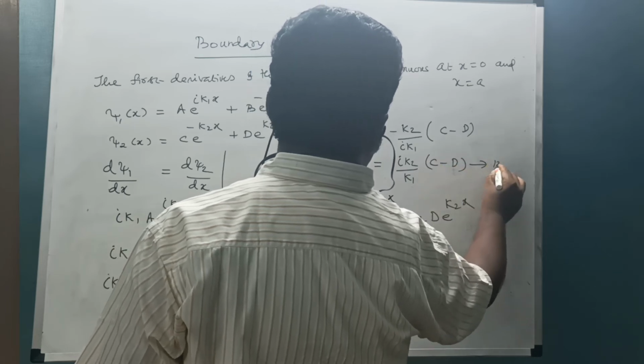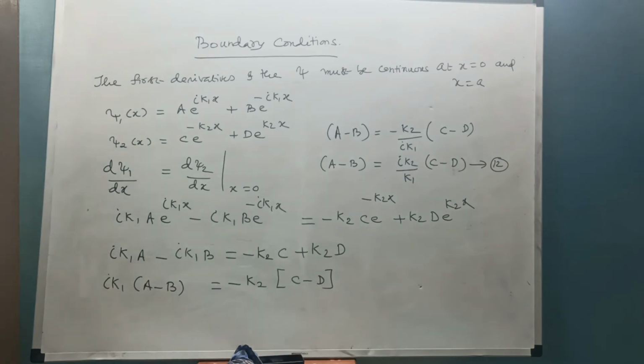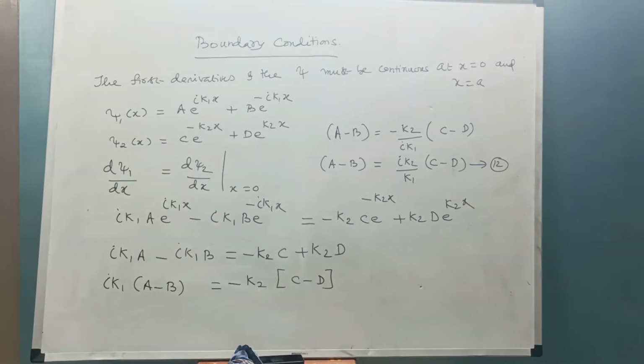This is our equation 12. So we have arrived at the value of a minus b by applying the boundary condition d psi 1 by dx equal to d psi 2 by dx at x equal to 0.